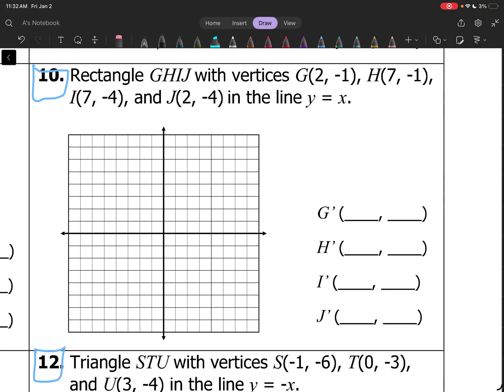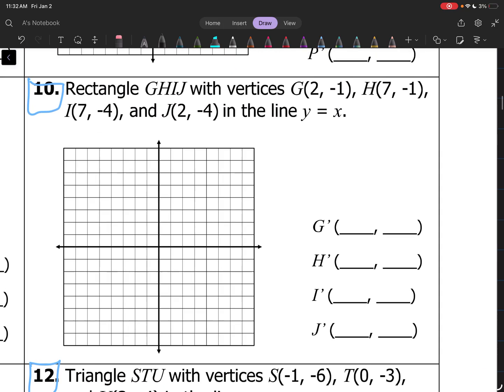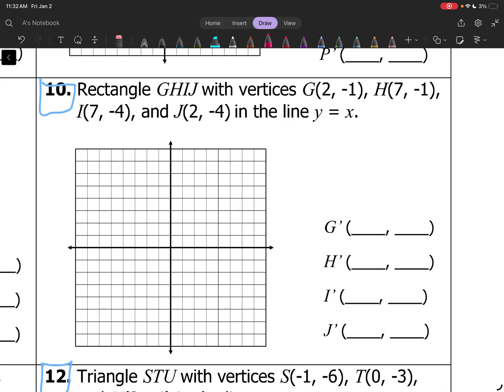Rectangle has these vertices. We are reflecting it over the line y equals x. Now, the line of reflection is this. These are the easiest problems to reflect because I don't have to draw the pre-image unless it tells me to. If y is equal to x, then x is equal to y. I'm just flipping my coordinates.